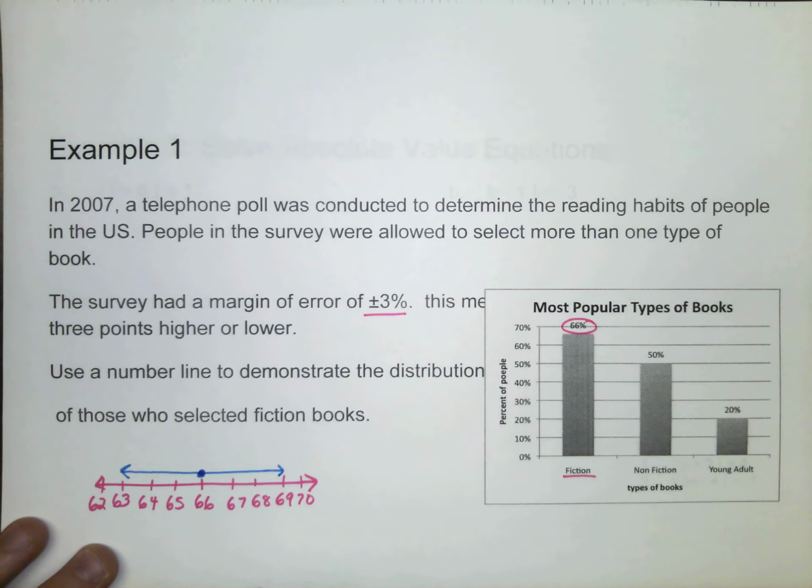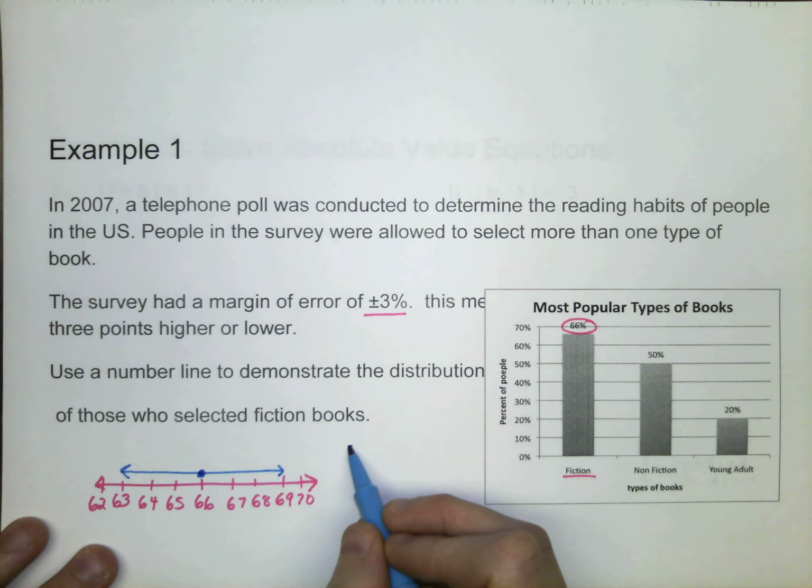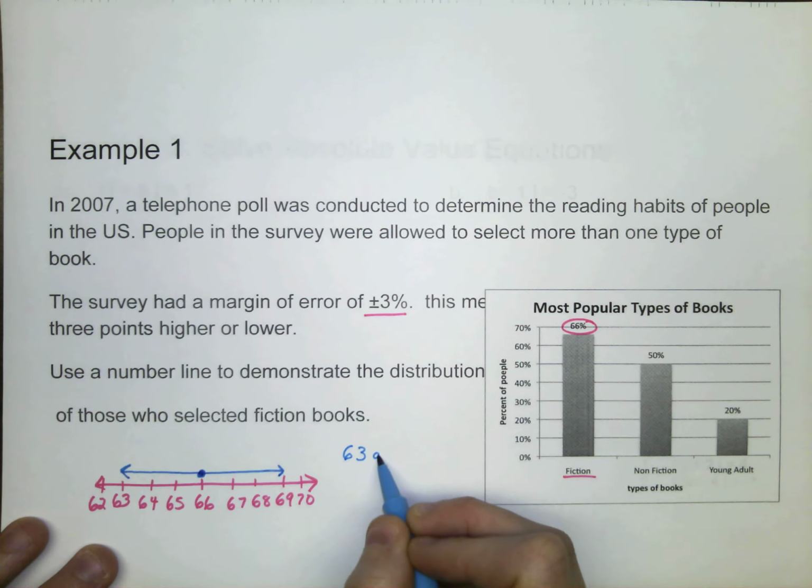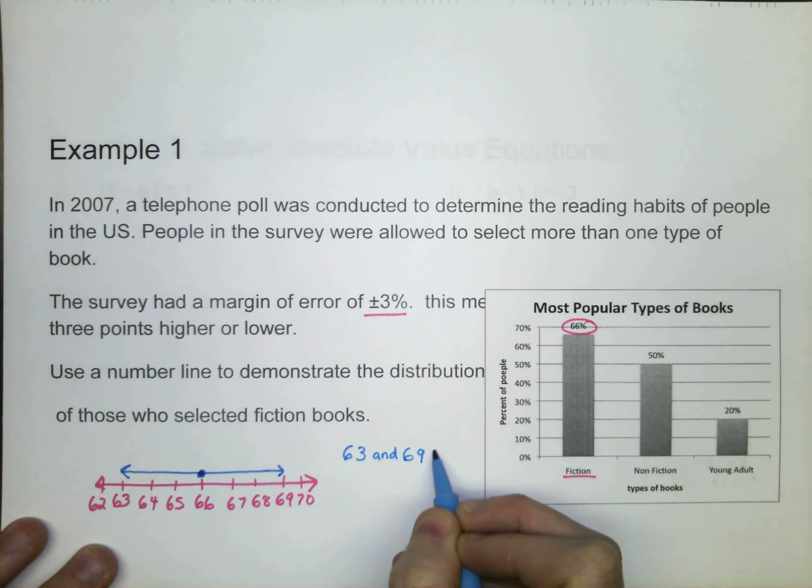So the actual accurate result would be somewhere between 63 and 69%.